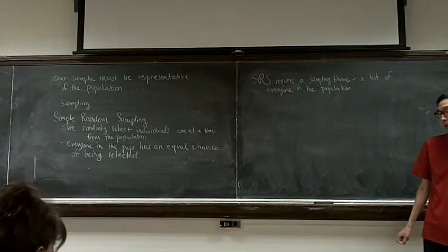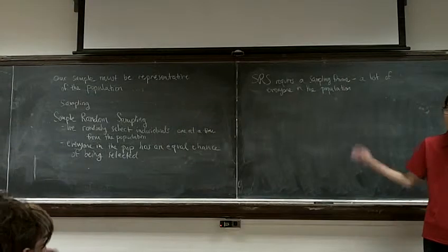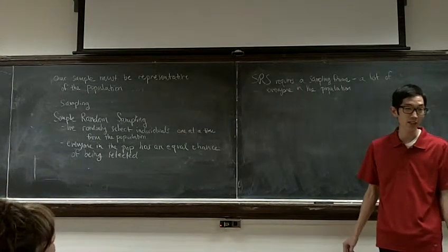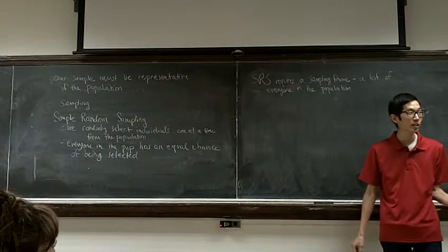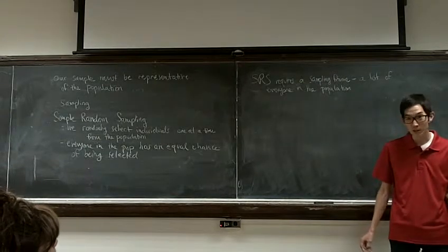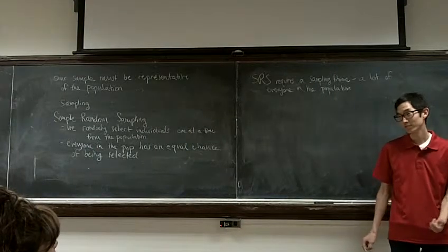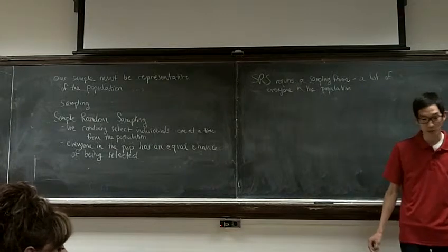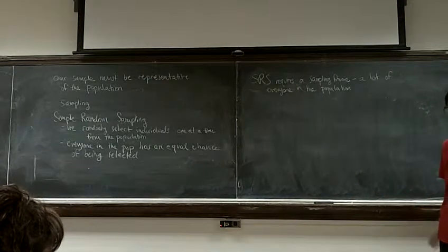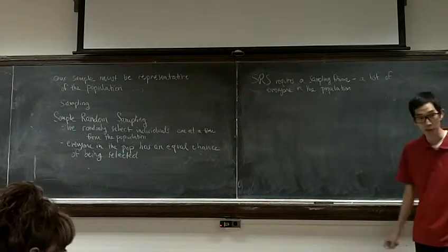That might be the closest we have, but it's very difficult to get a list of everyone. The census, as hard as they try, will inevitably miss people without a permanent address. So even our best attempt at a sampling frame, which is probably the census, is going to be inadequate.